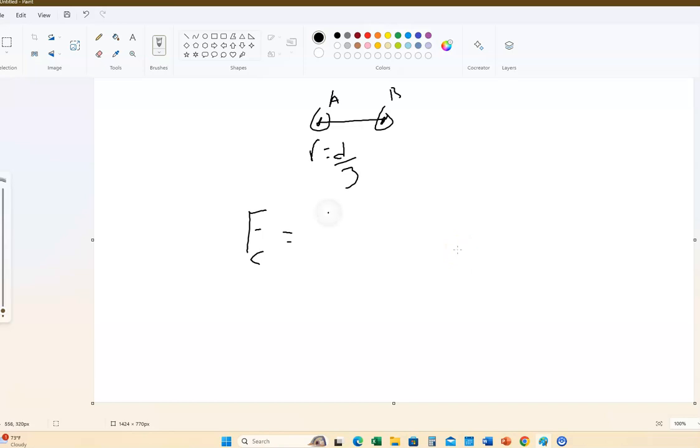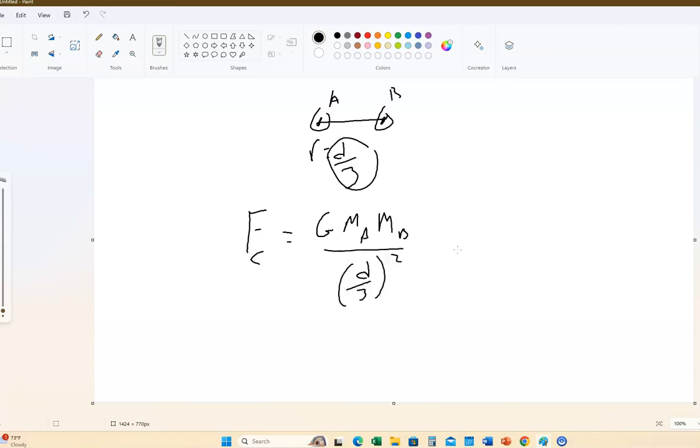It's going to be big G times mass A times mass B. That doesn't change. Divided by, so now I'm going to divide by D over 3, right? So D over 3, but I've got to square that, right?